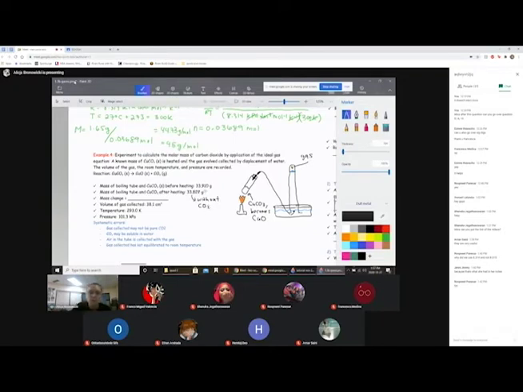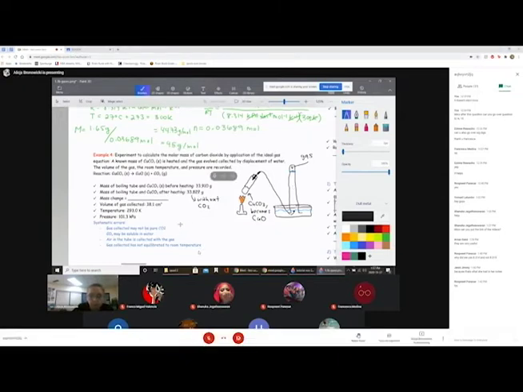So we want to figure out how much carbon dioxide was given off by this reaction. How would I figure that out? No? Okay, so you would subtract your two numbers.